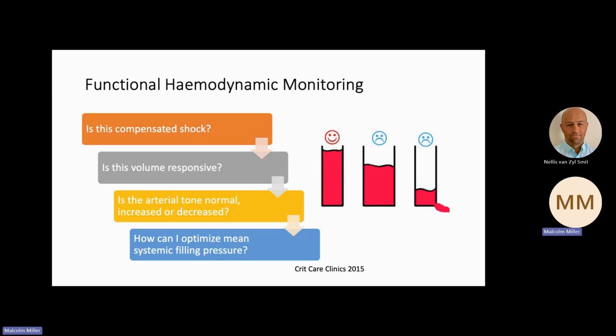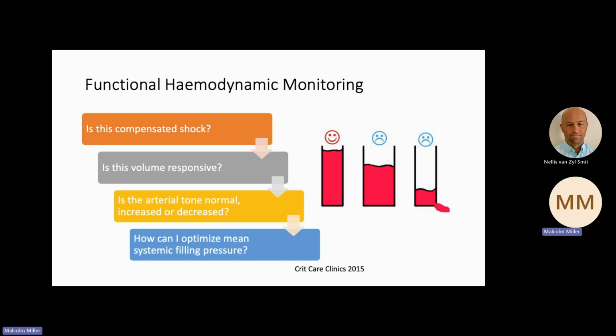That isn't something that we need a special monitor for; we can assess patients' peripheries, whether they're warm, whether they have a vasodilated, bounding hyperdynamic circulation. Alternatively, we might be able to use some invasive monitoring that can help us determine what this patient's arterial tone is.